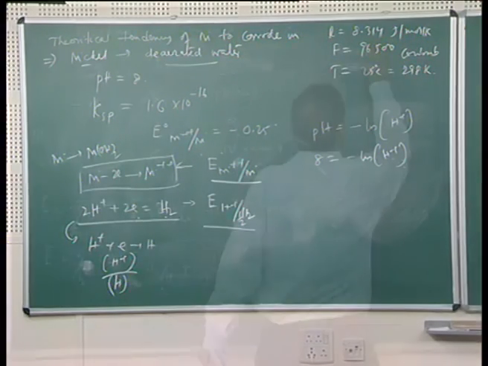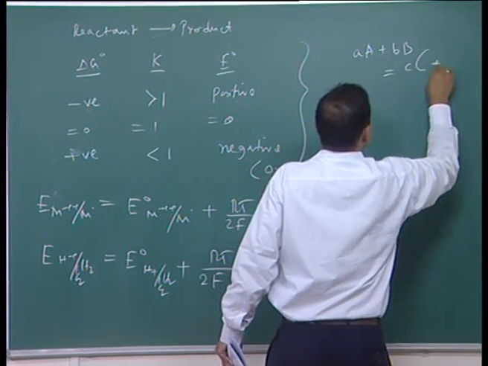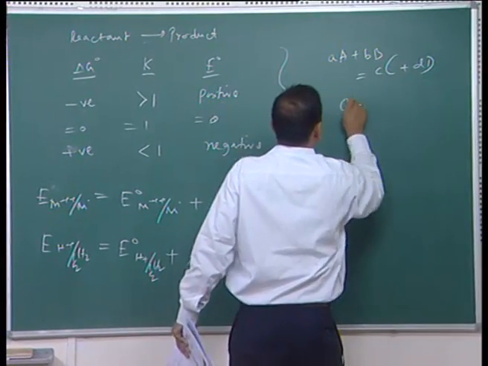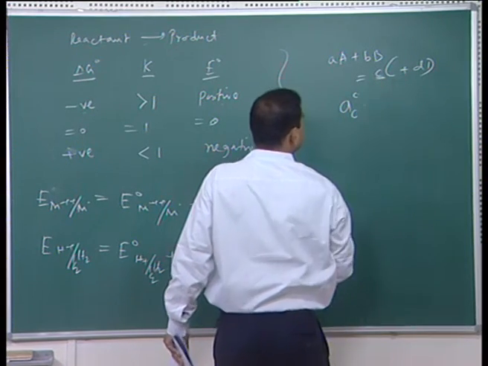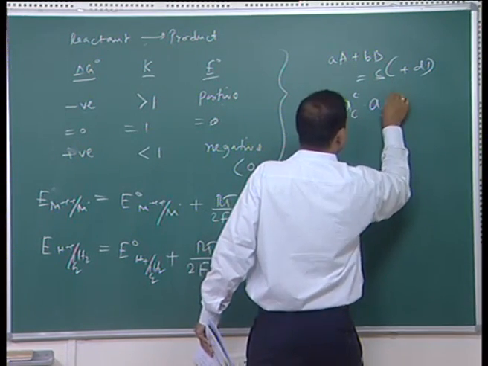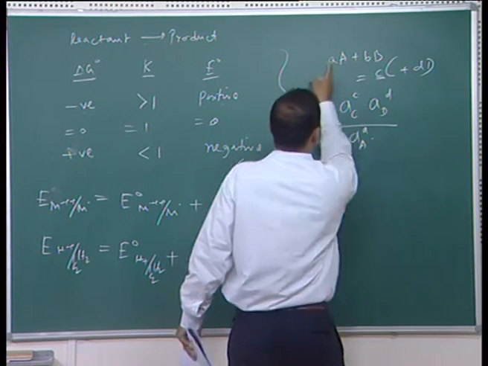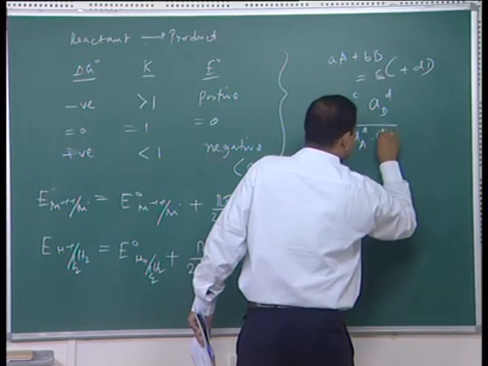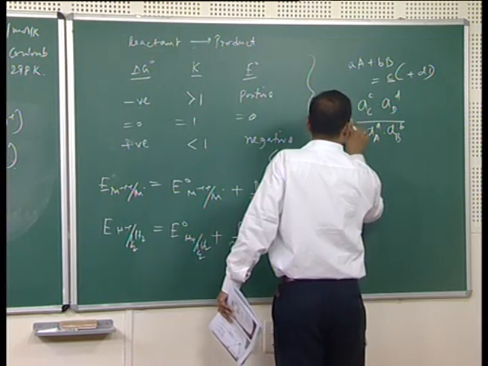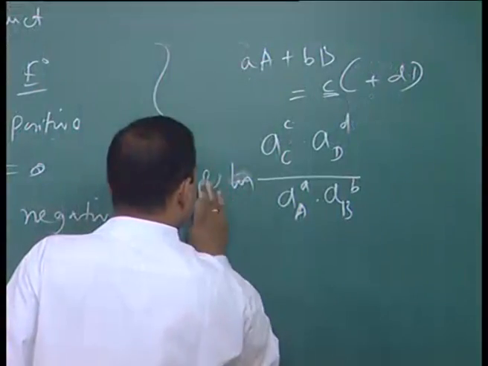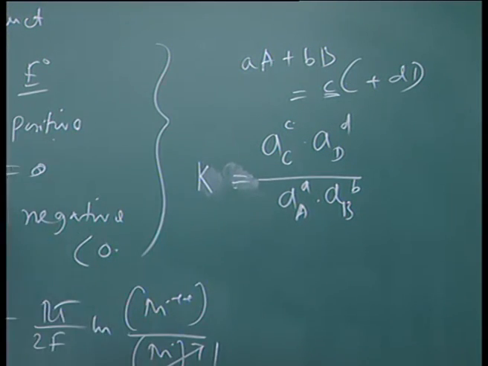Whenever we consider, let's say, aA plus bB equal to cC plus dD, we consider the activity of C to the power c, activity of D to the power d, over the activity of A to the power a and B to the power b, where the powers are the numbers of moles, and this is nothing but K. We have already seen this.